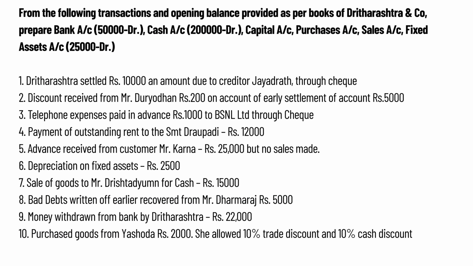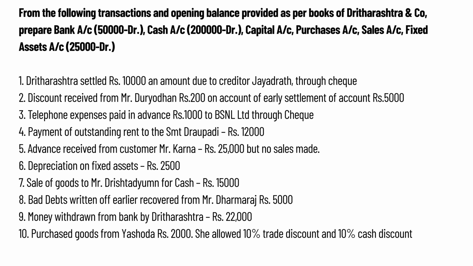So let us start posting these transactions. Students, please go through our journal videos so that you can easily post the journal entries to the respective ledgers. Before posting, you should understand the transaction and be able to journalize it first.